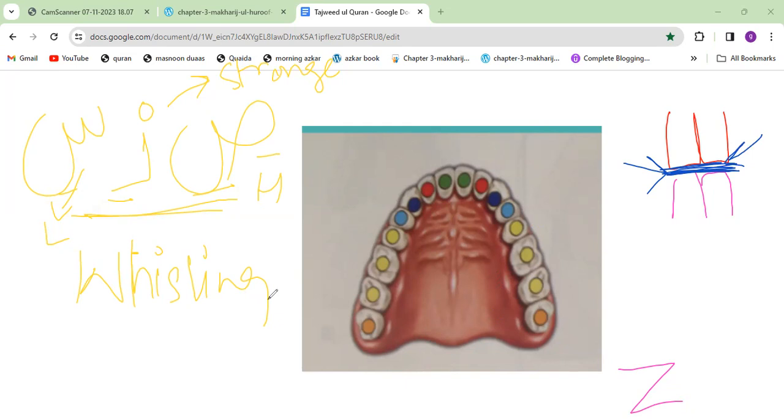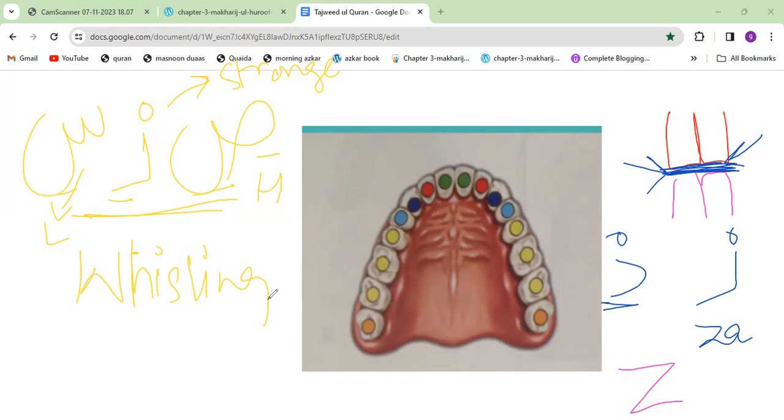And to pronounce swad, lift your tongue a bit more upwards. Swad, and then za. Za should be very strong, not like the letter zal. Zal is a softer sound, a gentle sound.